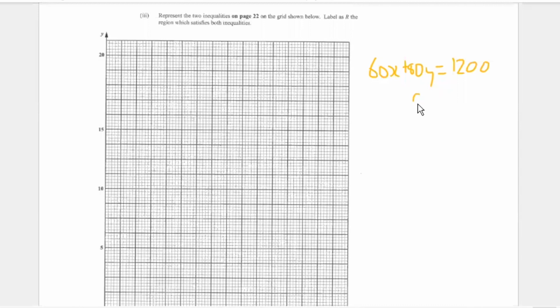So what you'd have is 80Y equal to 1200, and therefore Y is equal to 1200 divided by 80. When you do 1200 divided by 80, what do you get?